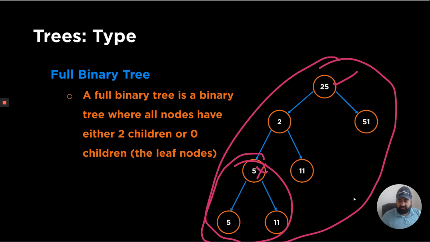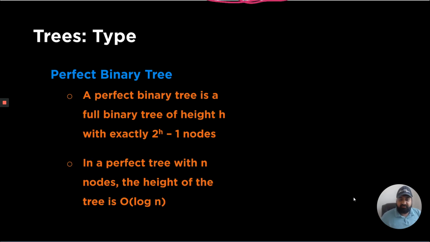Some trees allow that, but generally we do not allow elements to repeat in the tree. For a binary tree it's fine, but when we discuss certain types of trees, they do not allow duplication.